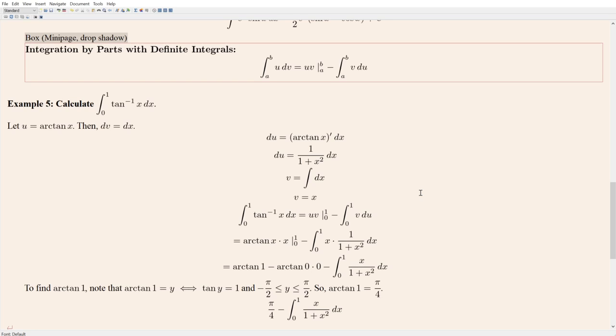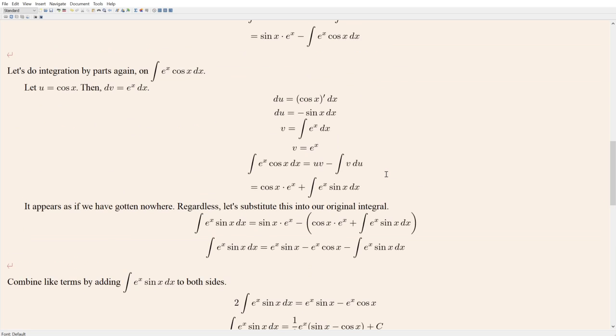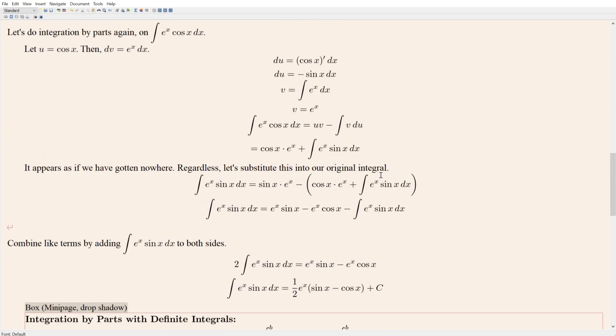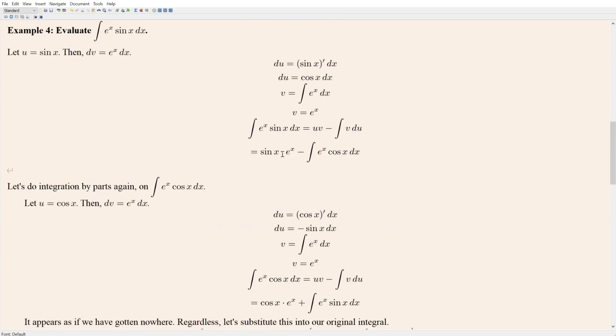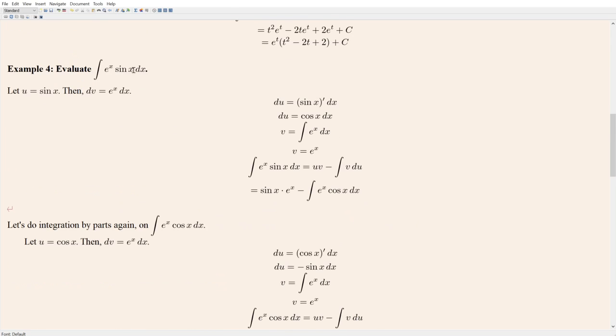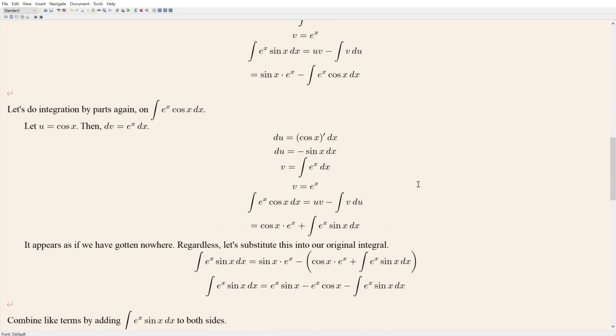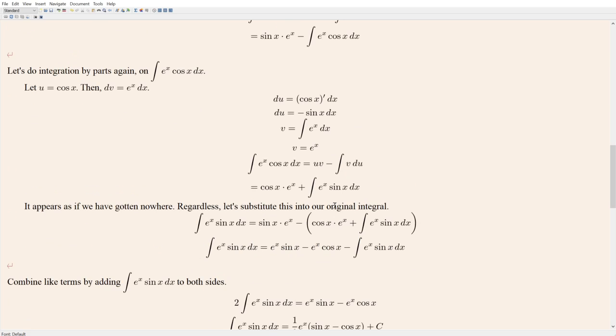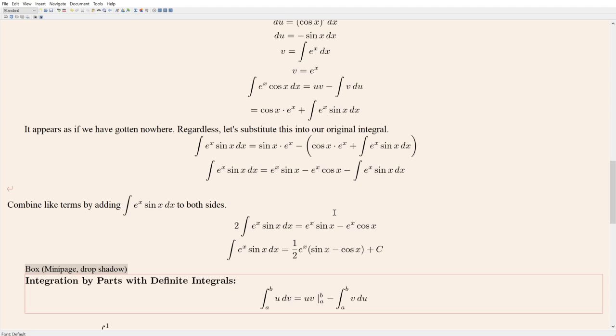So just stay organized and practice with the homework. The only weirdness, I think, that can be introduced with integration by parts is in this example here, but even then, it's not going to get any weirder than what I've shown here. So that's all for now.